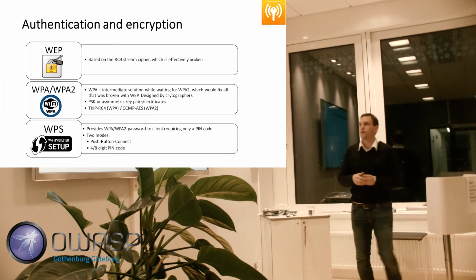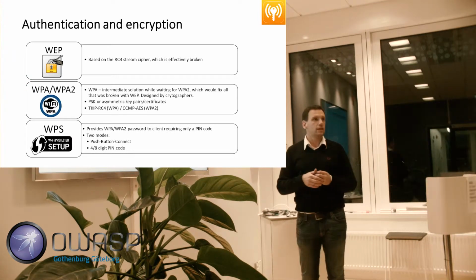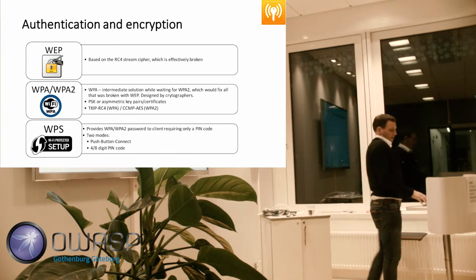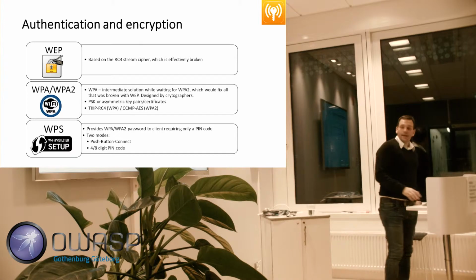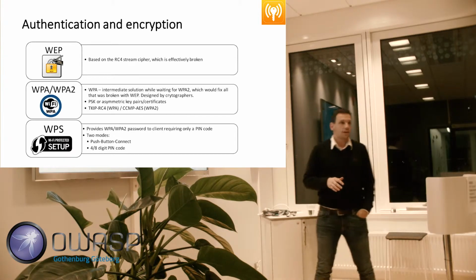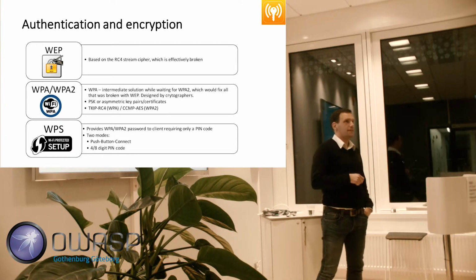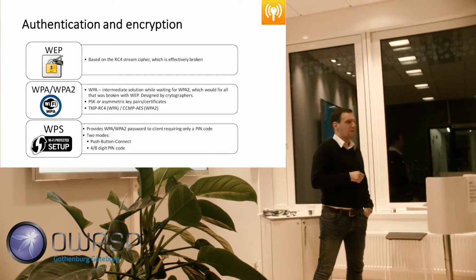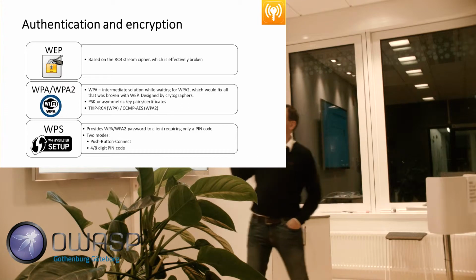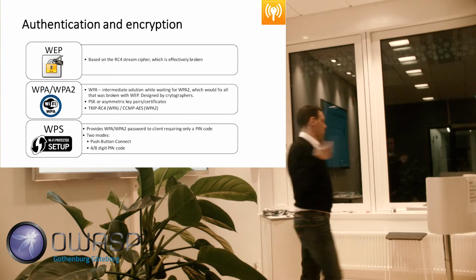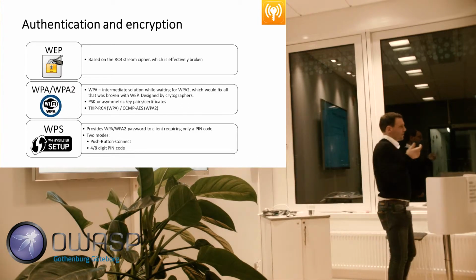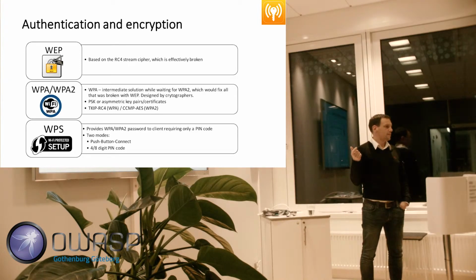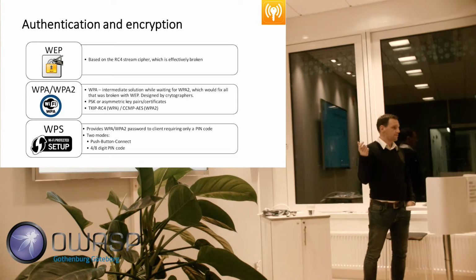Continuing on to talk about authentication and encryption on Wi-Fi. It all started out in the 90s with WEP, or wired equivalent privacy, I think. Yeah? It's an encryption scheme based on the RC4 stream cipher.